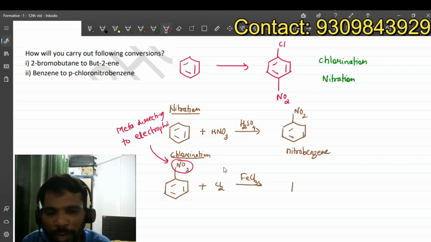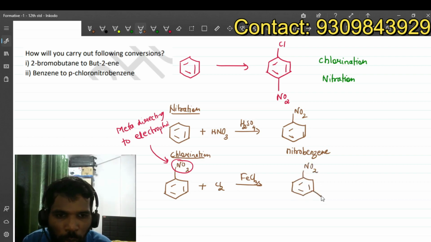It will direct an electrophile to the meta position. So here the electrophile, which is Cl, is going to get substituted over here, right? So this is not the product which we want.